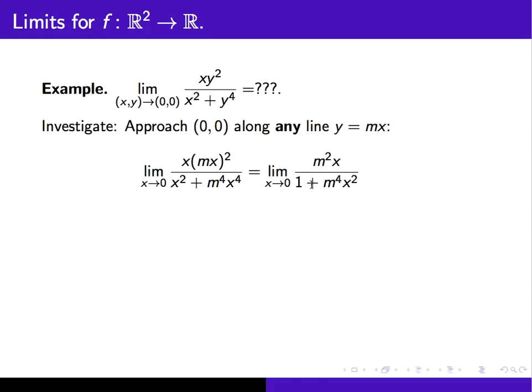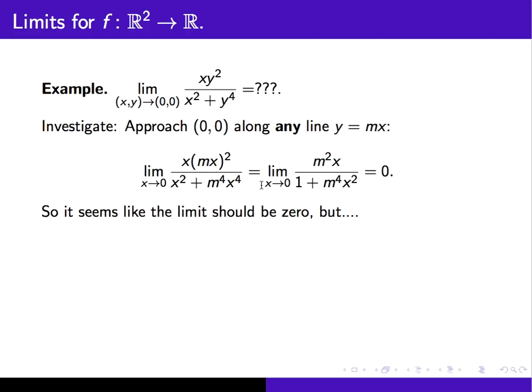It's always greater than or equal to 1. And so the numerator, which is going to 0, dominates, and we get a limit of 0. So this means every possible way of approaching the origin along a line, we see value 0. So certainly, it seems like the limit should be 0.